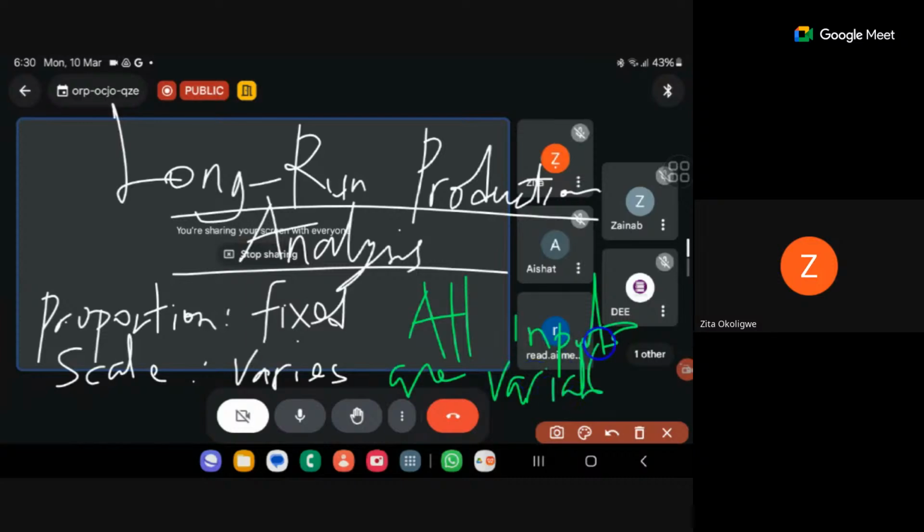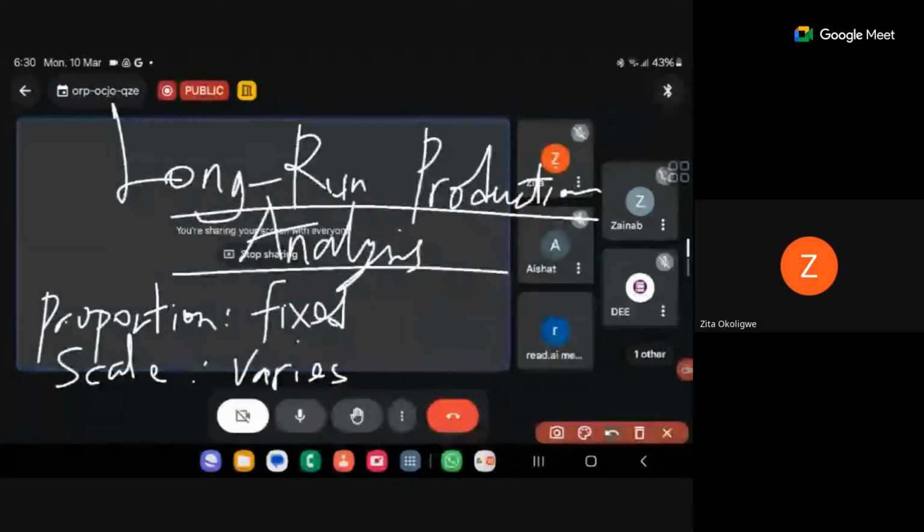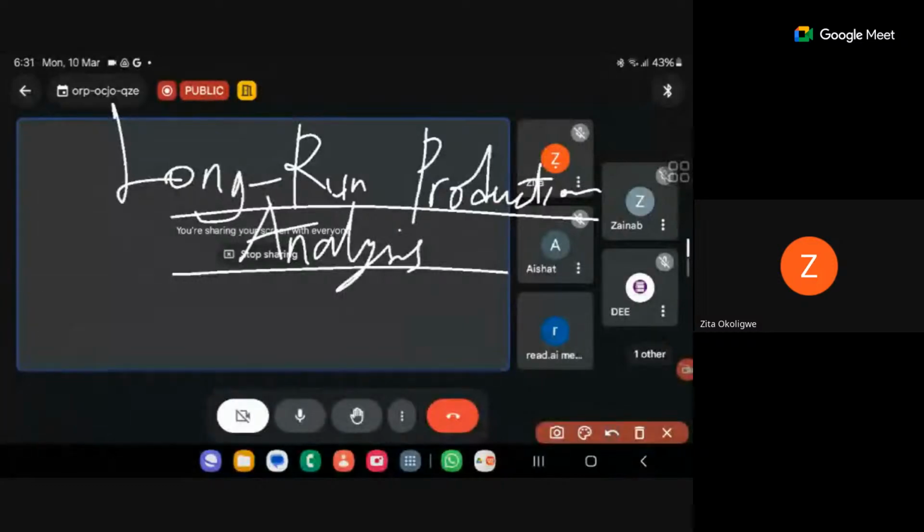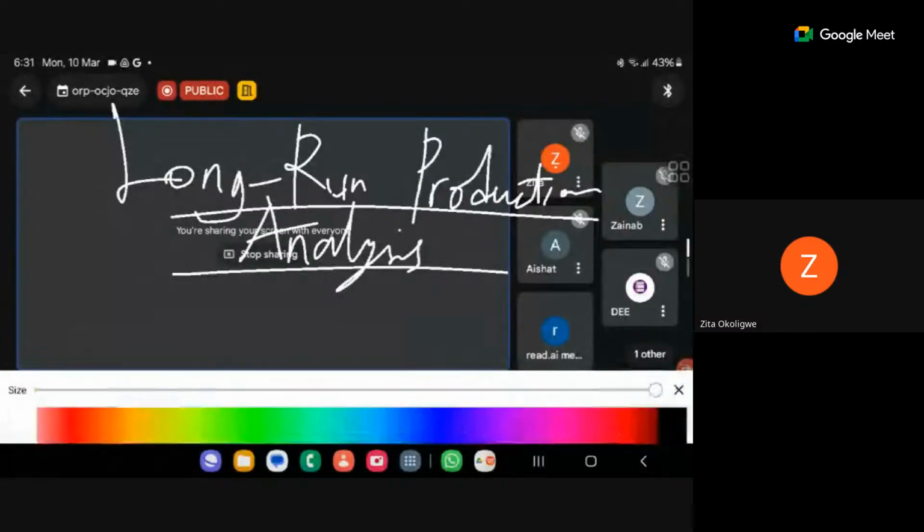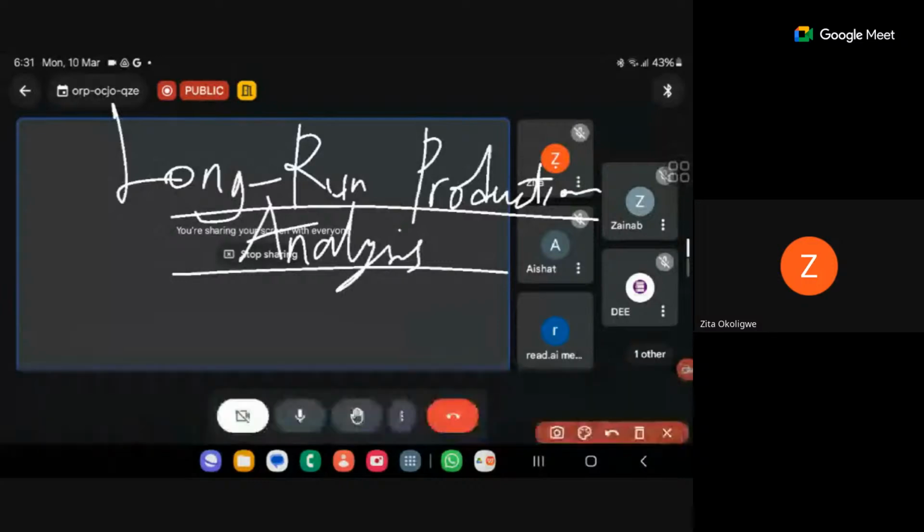That is, all inputs vary. Nothing is fixed, because even for the fixed factor, there's no fixed when it is in the long run. When a firm is trying to produce more goods in the long run, it does not have to start manipulating the proportion or the ratio in which K and L is combined, simply because there's enough time to increase both of them.